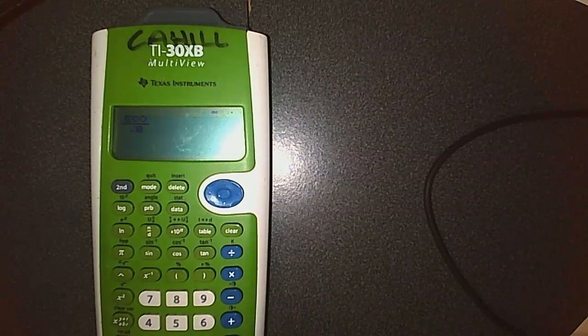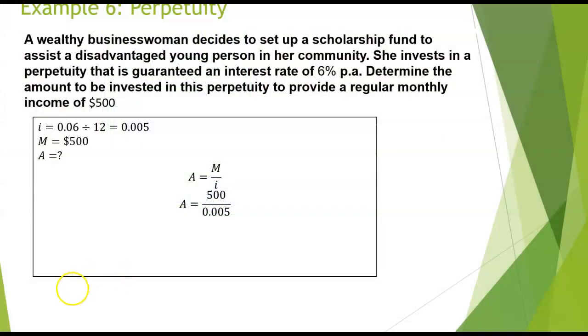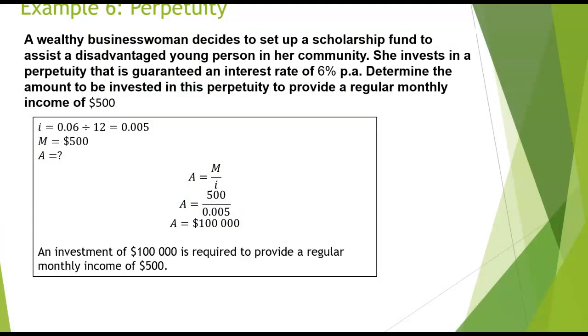So 500 divided by 0.005, press enter, and I get $100,000. So the woman needs to invest $100,000 to provide a regular monthly income of $500 per month.